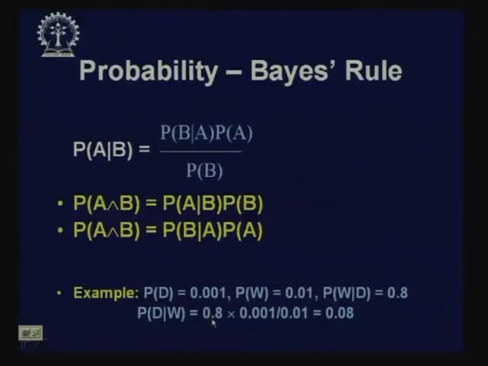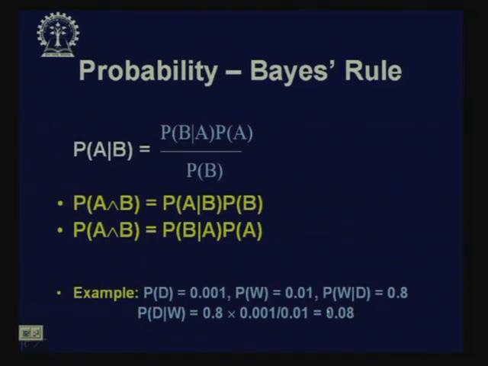Then by Bayes' rule, we will simply use this P(W given D), multiplied by the a priori probability of this, the event, the hypothesis, that is 0.001, divided by the a priori probability of waking up, because I have to divide by this, because anyway that would have happened.